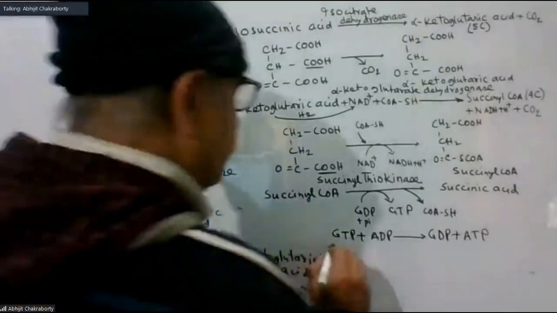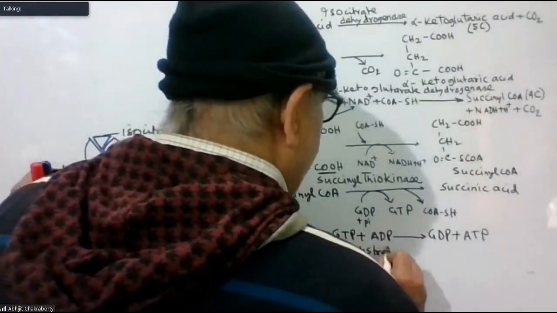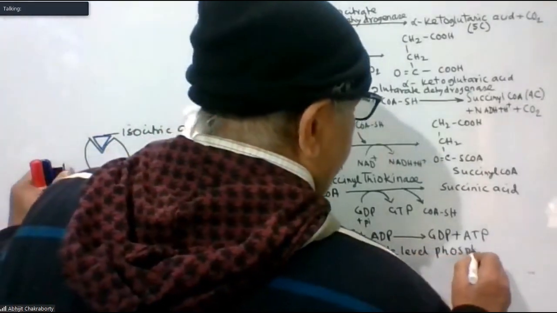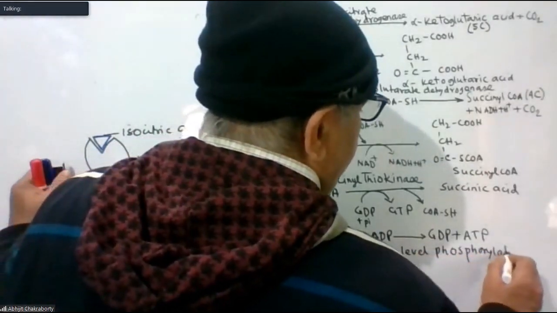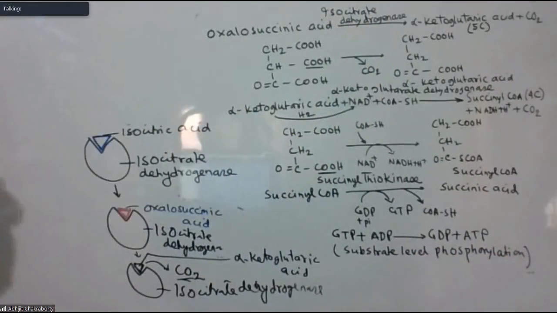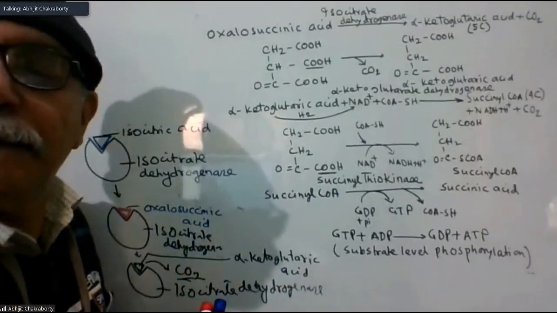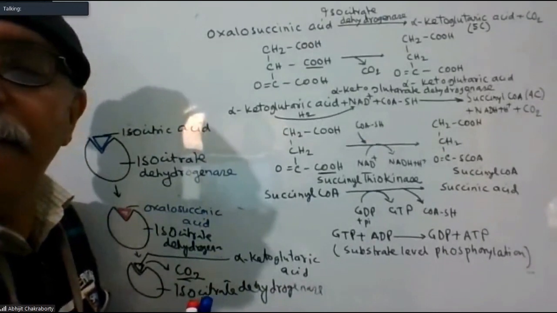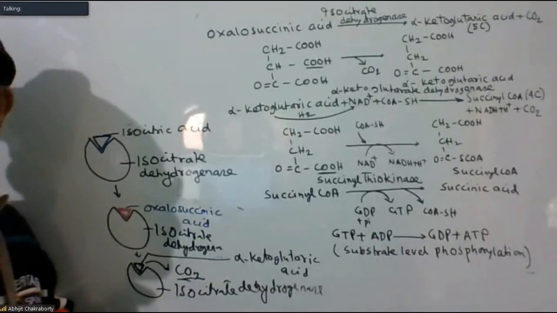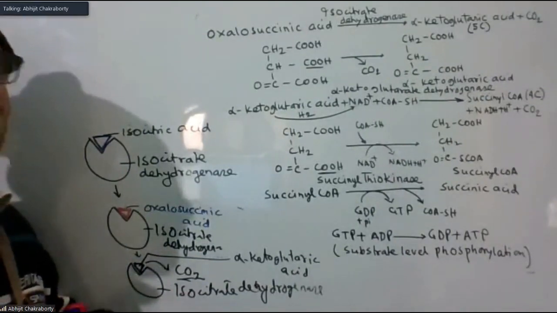So here substrate level phosphorylation occurs. This is the step where ATP is produced actually. Clear?